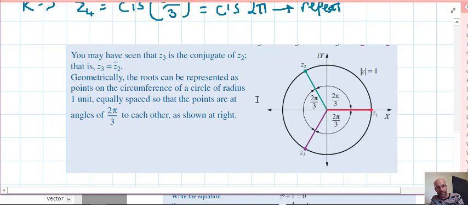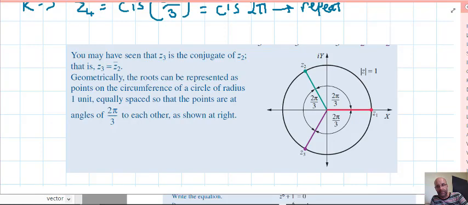And z3 is the conjugate of z2, and geometrically the roots can be represented as points on a unit circle, and they're all equally spaced around, as we said, 2 pi on 3 radians apart. So that's how you represent that graphically, which you may need to do.